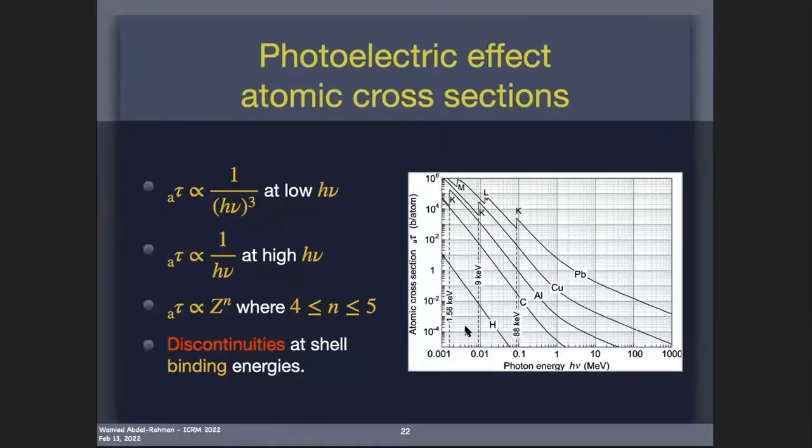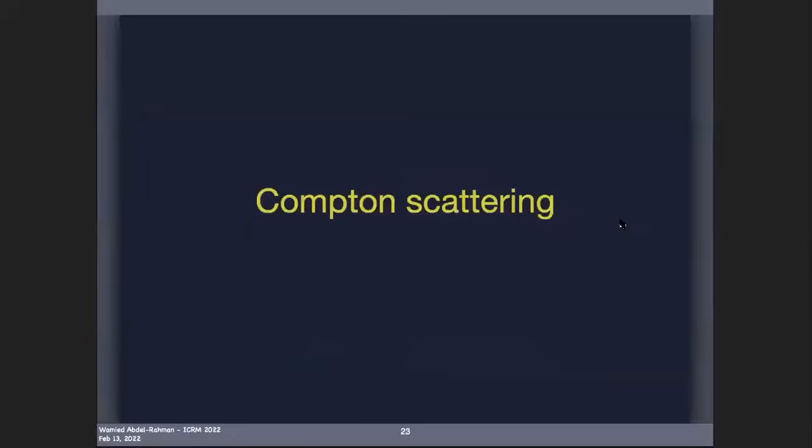The atomic cross-section is also proportional to the atomic number of the absorber, estimated to be proportional to Z to the power between 4 and 5. We also observe in the cross-sections for the photoelectric effect that there are discontinuities. Those are the binding energies of the electrons, or the shell energies.